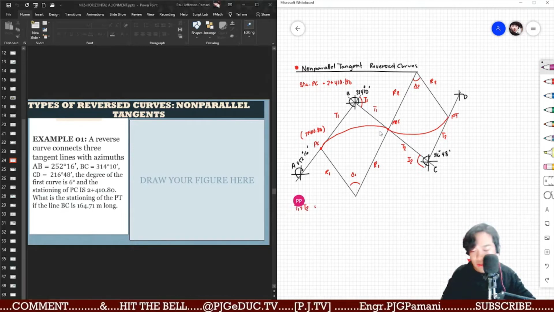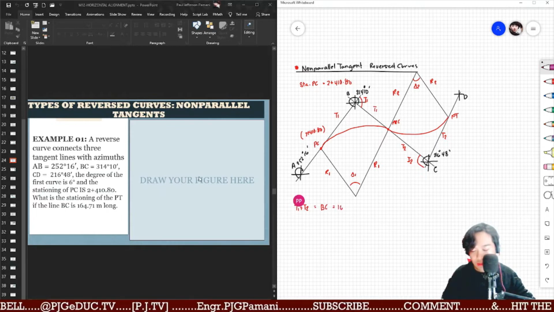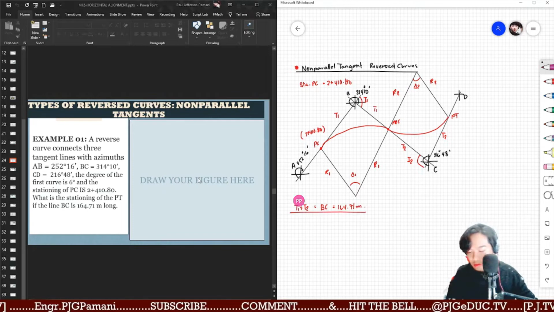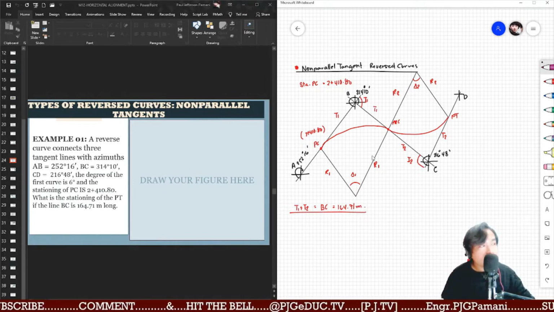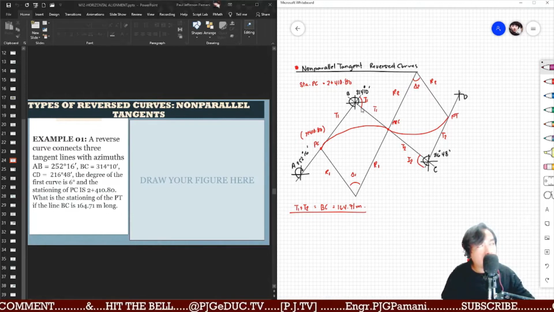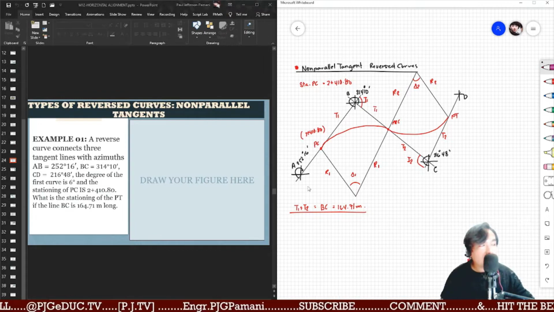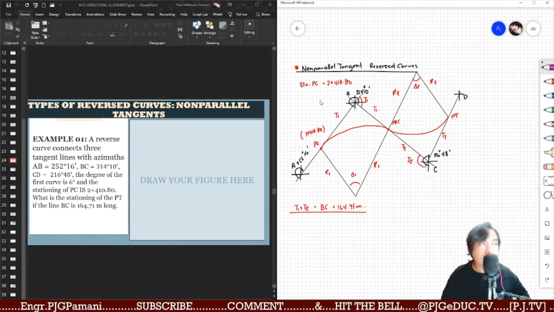So BC is the length of our common tangent, 164.71 meters. Dali na yan. Pwede na nating isolve yung radius 1, radius 2, angle of intersection for the first curve and the second curve, then the arc length of the first and second curve.